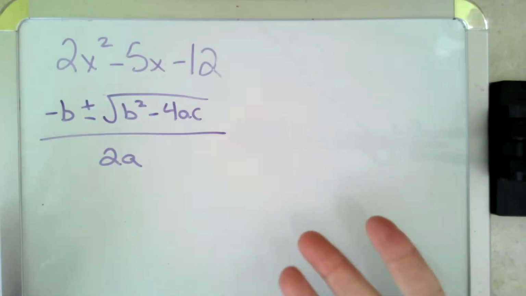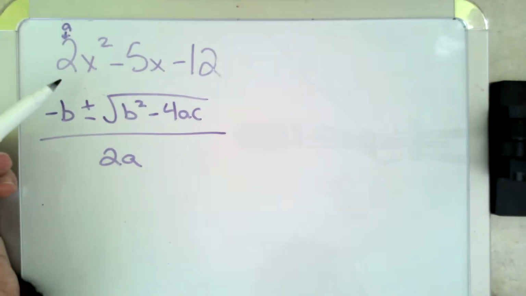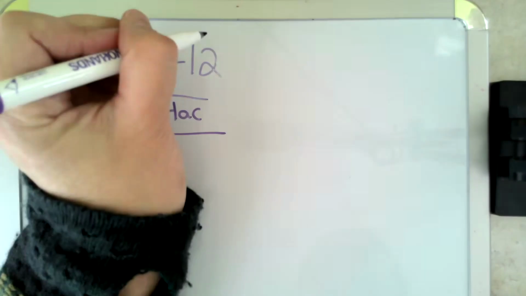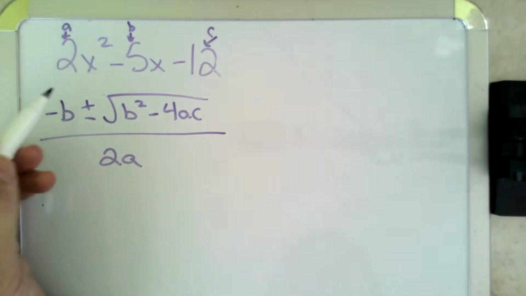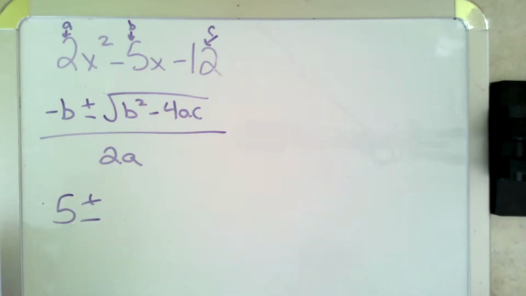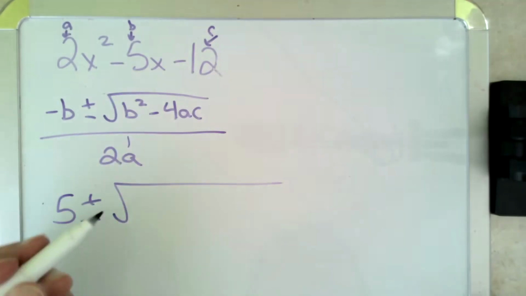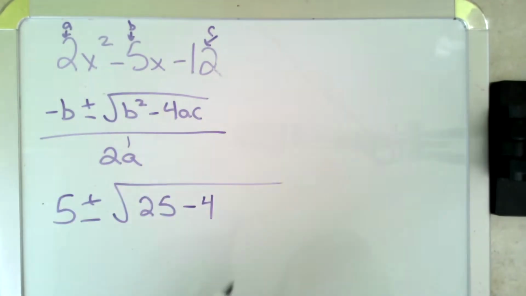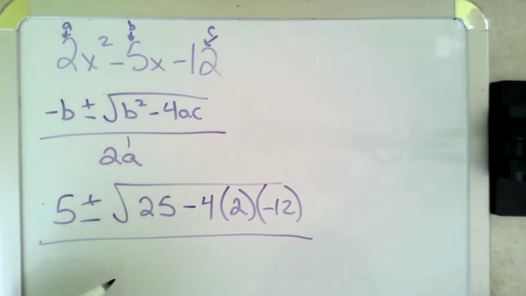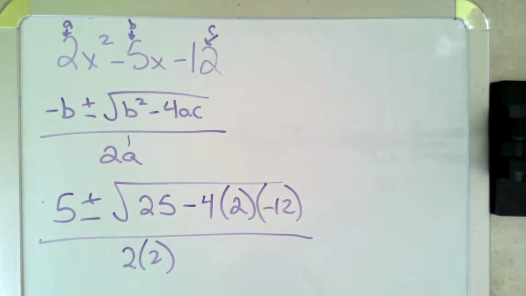Then I just fill in my numbers, where that's my a, that's my b, that's my c. Negative 5 plus or minus the square root of negative 5 squared minus 4 times a times c, all over 2 times 2. And then you just math that stuff out. Negative 12 times 2 is negative 24.